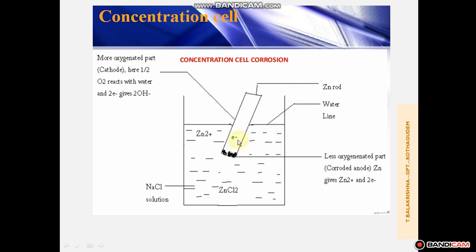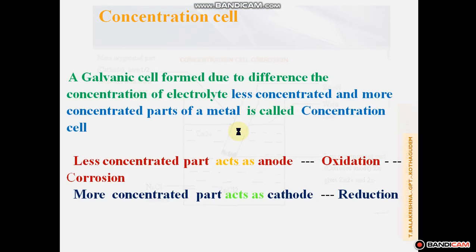The part less exposed to oxygen acts as anode. The part exposed to the more amount of oxygen acts as a cathode. So where corrosion takes place, this part is less exposed to oxygen, in the less concentrated part, that is ready to act as anode, and the oxidation reaction takes place at that part.